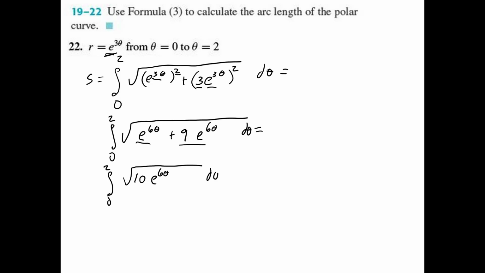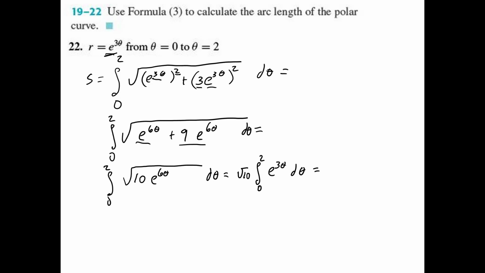You can break this up as the square root of 10 times e to the 6 theta to the 1/2. So you have this constant factor of the square root of 10, from 0 to 2, and the square root of e to the 6 theta is e to the 3 theta, d theta.